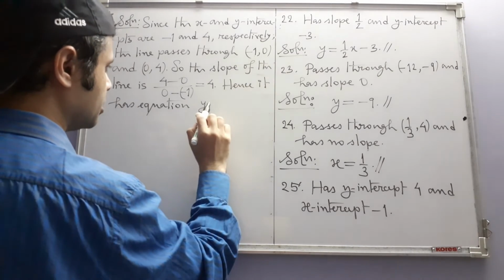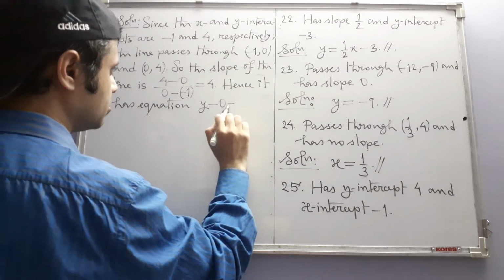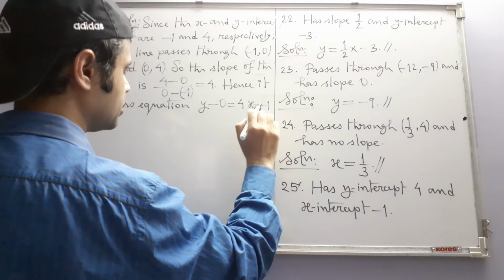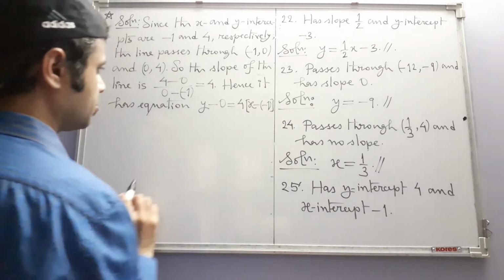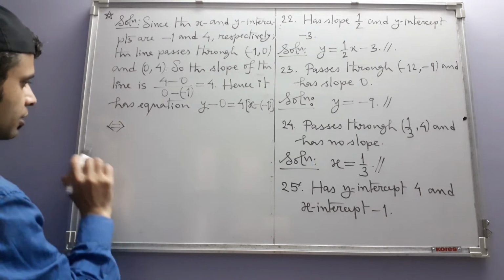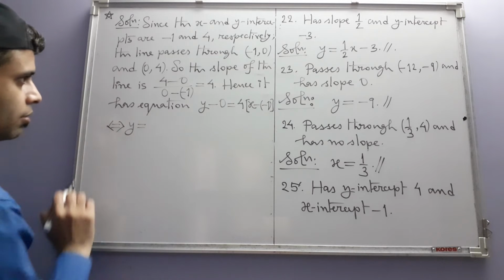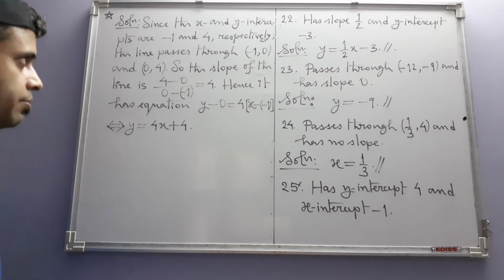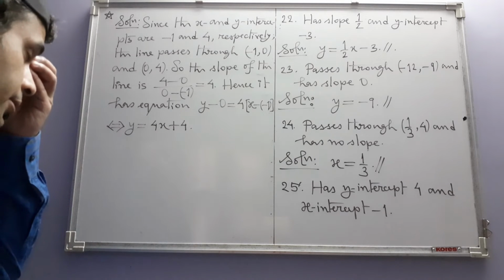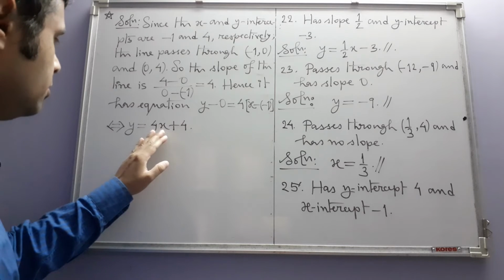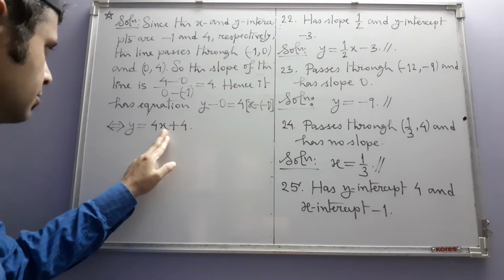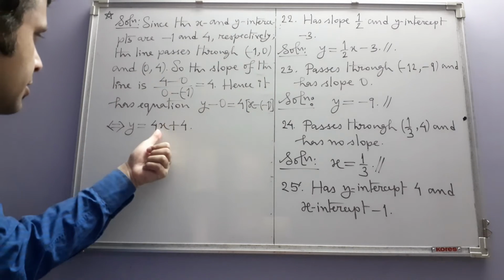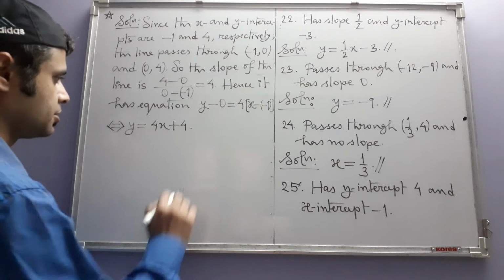Let's use this one: y minus 0 equal to 4 times x minus -1, which is equivalent to y equal to 4x plus 4. Let's just verify. When x is -1, then -4 plus 4 is 0, so y is 0, fine. When x is 0, y is 4, yes. So this is the equation.